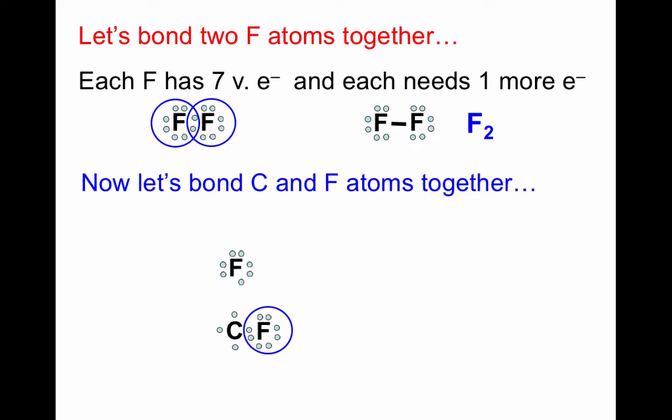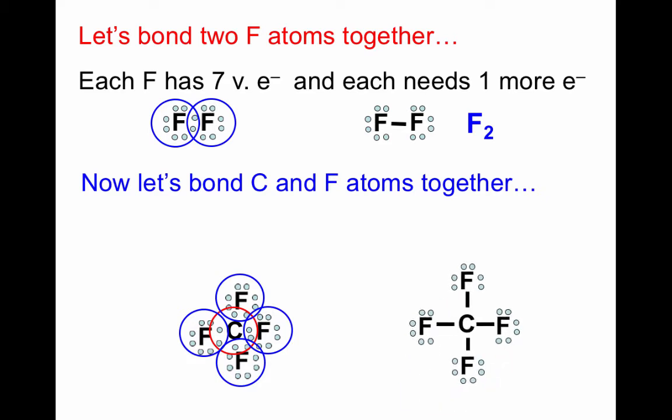Another fluorine will come in on the other side; it now has 8 valence electrons by sharing that electron with carbon. Same on the left side. Fluorine will come in, it now has 8 valence electrons. Lastly, on the bottom, another fluorine will come in, and it now has 8 valence electrons. Carbon, by sharing its electrons with the fluorine atoms, also now has 8 valence electrons because it's sharing with the fluorines.